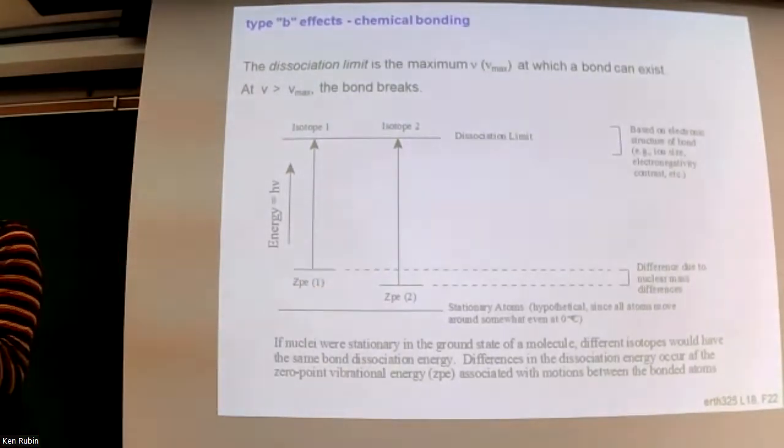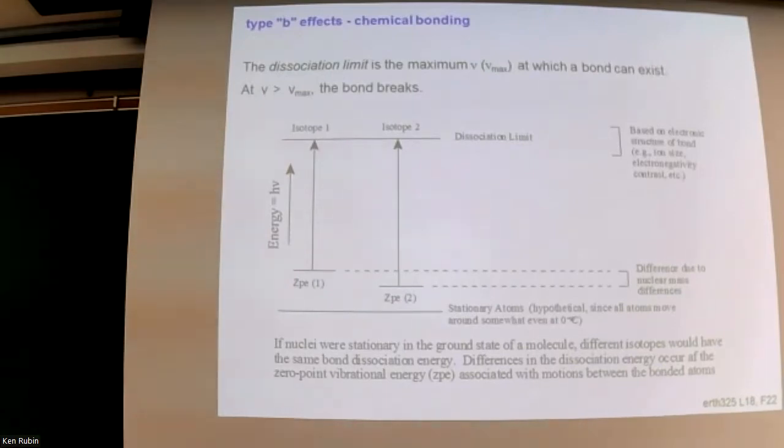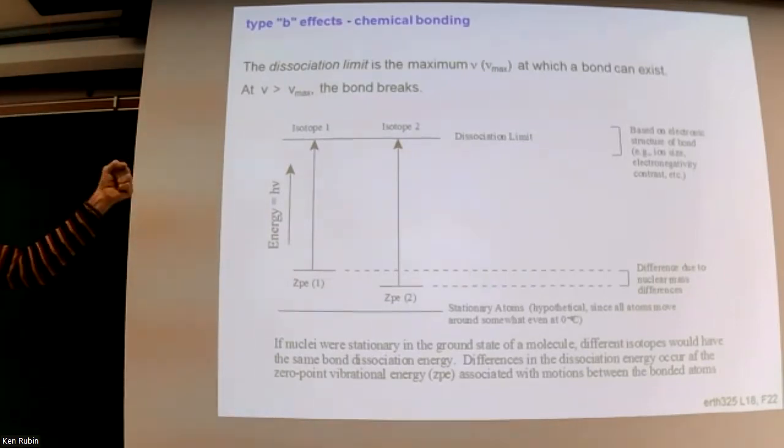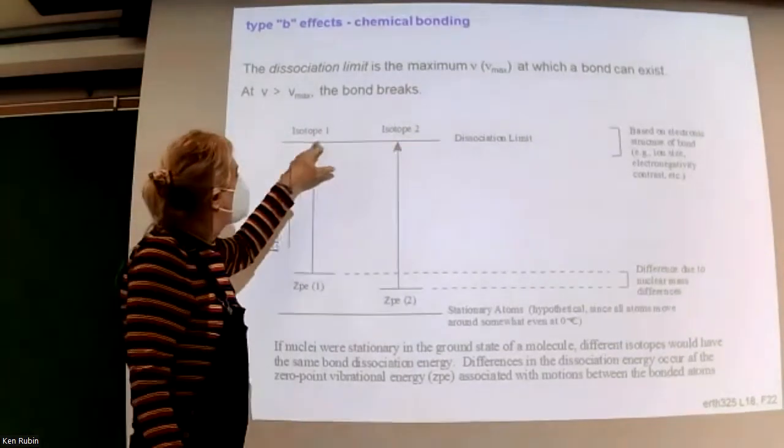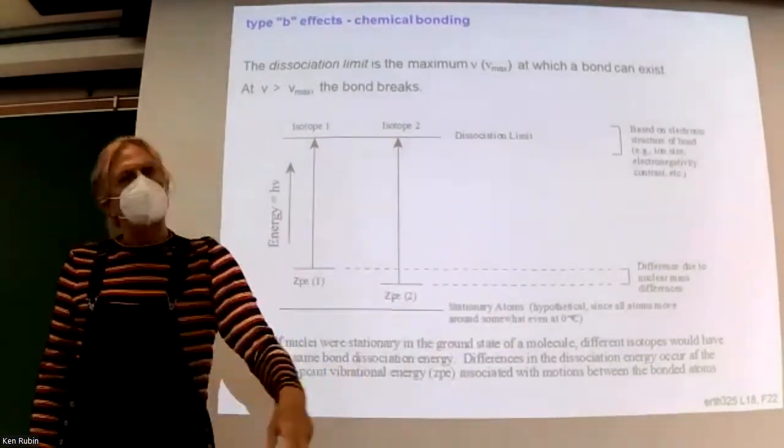Now, the energy it takes to break a bond has to do with the valence electrons. It doesn't have to do with the masses. It has to do with how much energy you have to stick into a bond to promote electrons from bonding orbitals to anti-bonding orbitals and pull them apart. So that energy of dissociation is the same regardless of the isotope.